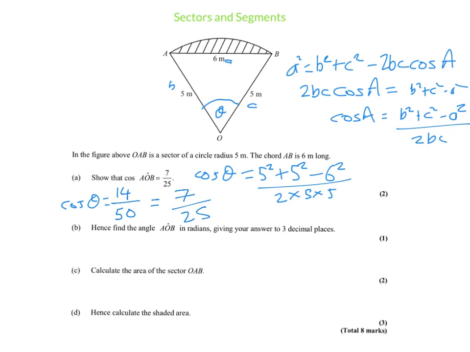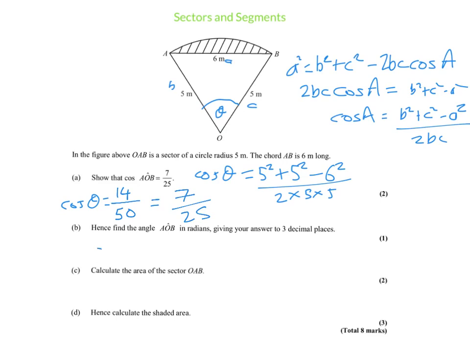So just an application of the cosine rule, showing the angle. Probably a bit long-winded there, but I just wanted you to see how you can rearrange the cosine rule. Some people do like to remember it in that form, but it's up to you, each to their own. So find the angle AOB.